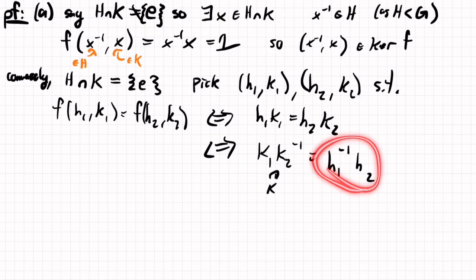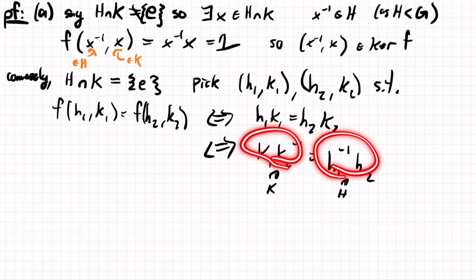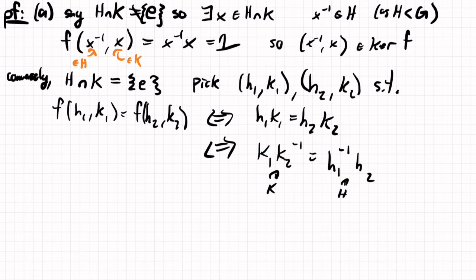And this part, that's in H. So this element must be in both of them. Therefore, that's equal to 1. Or, yeah, I guess I should say E, again, just to be consistent. This is the identity, though.